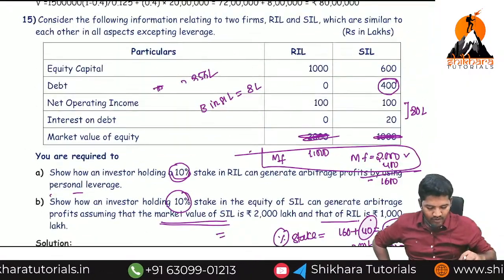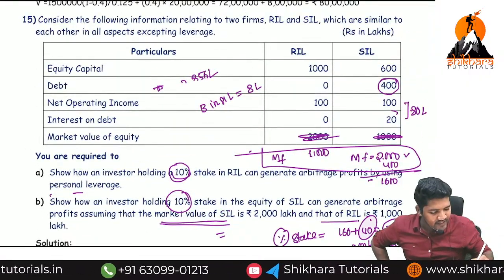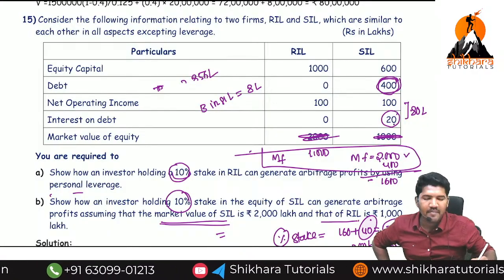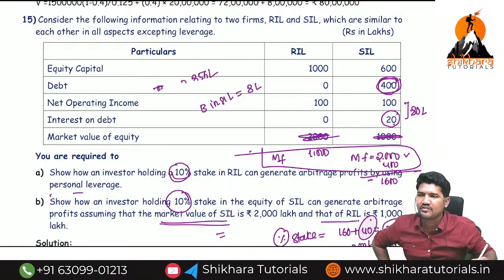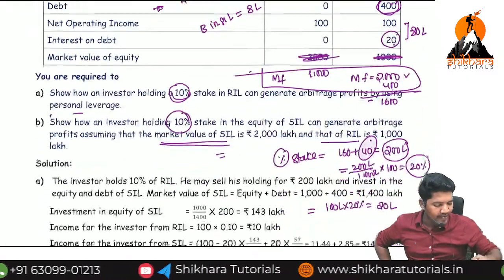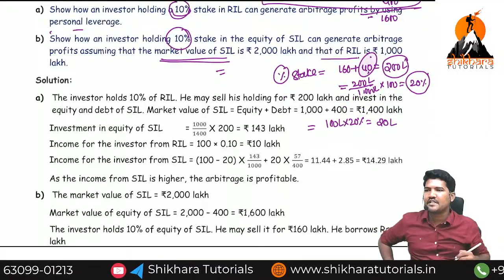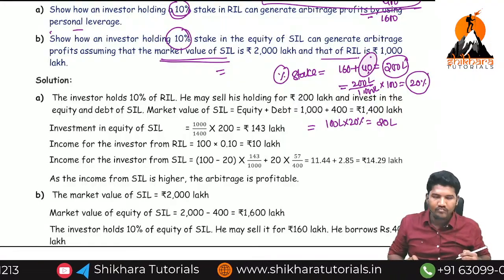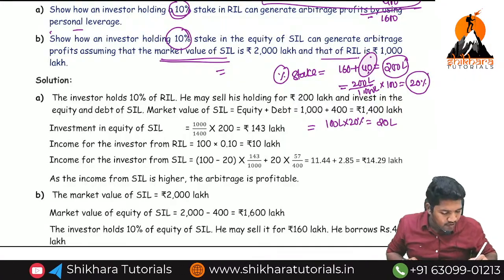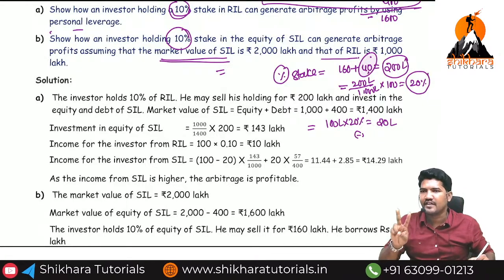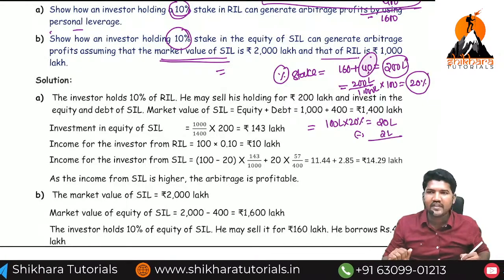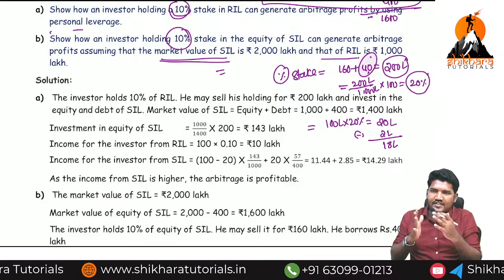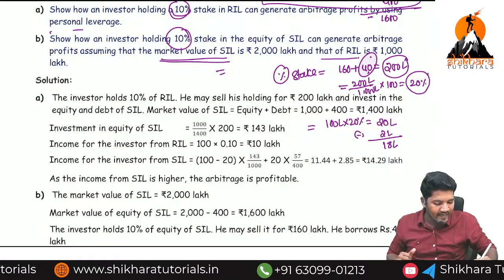In this question, there is no existing rate, but we can calculate it with the help of interest amount and capital value. Interest 20 lakhs, capital 400: 5%. You have to pay 5% interest on this 40 lakhs. 40 into 5% is 2 lakhs of interest. Then how much will I receive net? If I invest in RIL, I will get 18 lakhs.